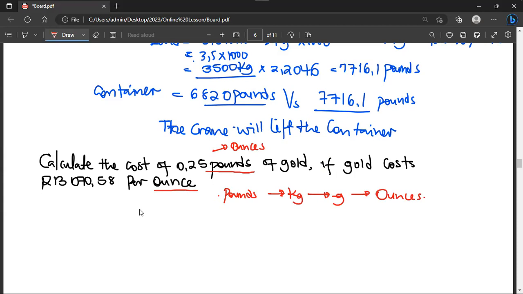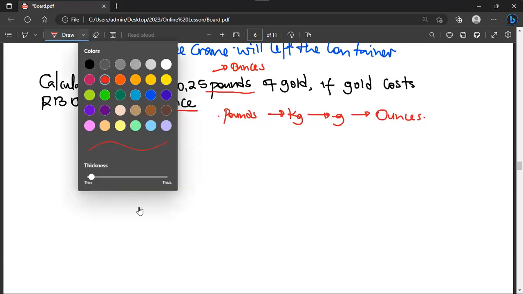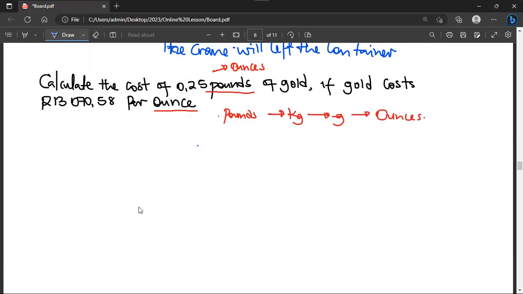Anyway, the first starting step is we shall say 1 kilogram equals 2,2046 pounds. But you have 0.25 pounds, so we are looking for a quarter pound.